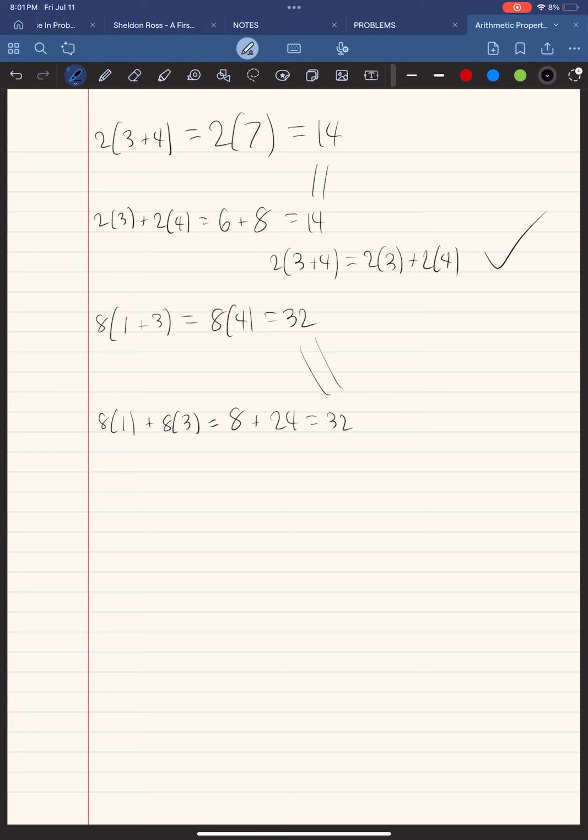And again, since 32 equals 32, we can state that 8 times (1 plus 3) is equal to 8 times 1 plus 8 times 3. Cool. So we can see how the distributive property almost combines the associative property and the commutative property all in one, and then we just use it.